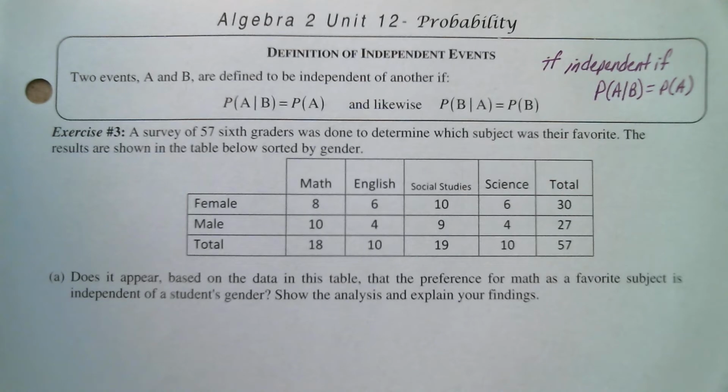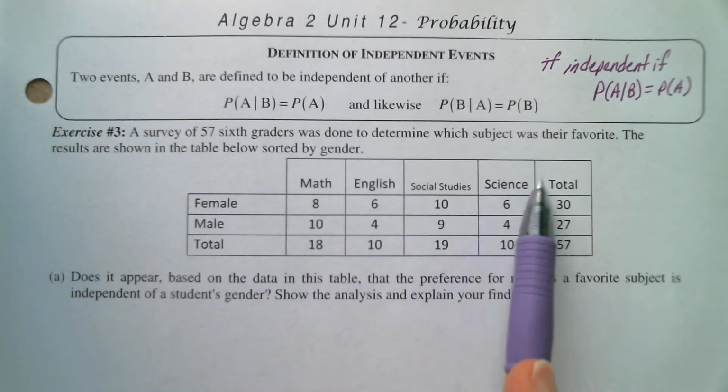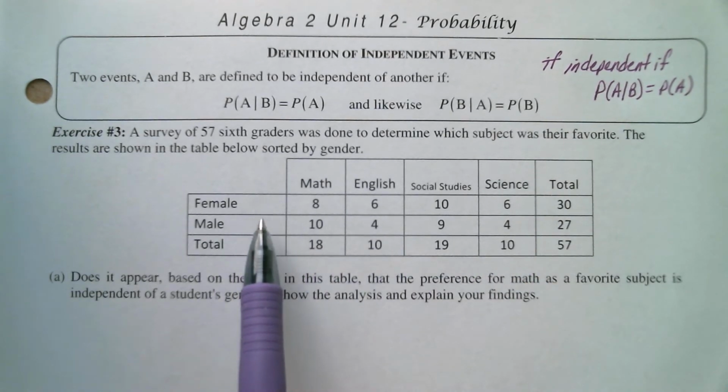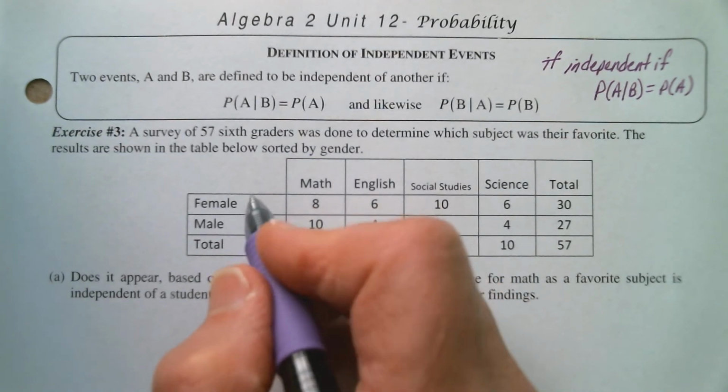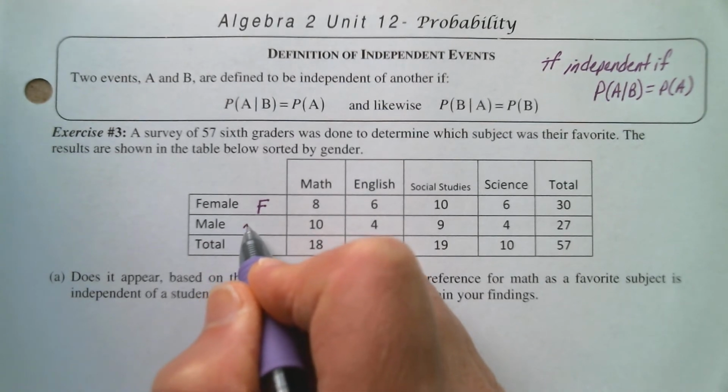Exercise 3. A survey of 57 sixth graders was done to determine which subject was their favorite. The results are shown in the table below, sorted by gender. So we have subjects: math, English, social studies, science, total, and then female and male. I'm going to label female F, and male I'm going to label not female.